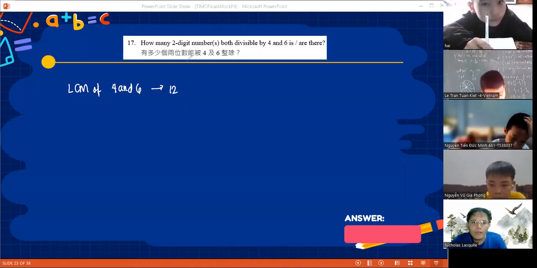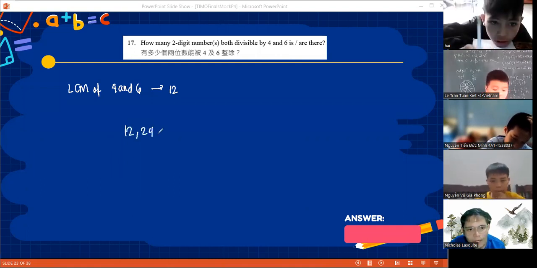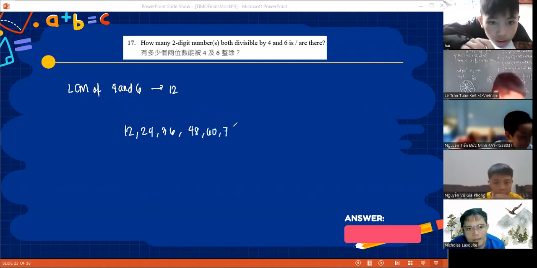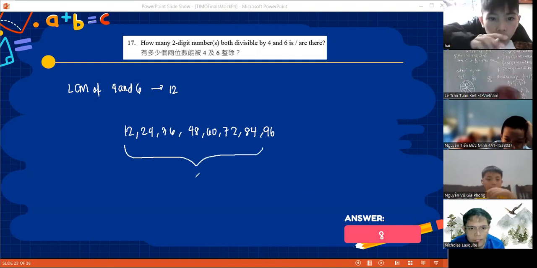And you only need two-digit numbers. So you can have 12, 24, 36, and then 48, then 60, 72, 84, 96. So how many are there? There are 8, because there are 8 numbers here.